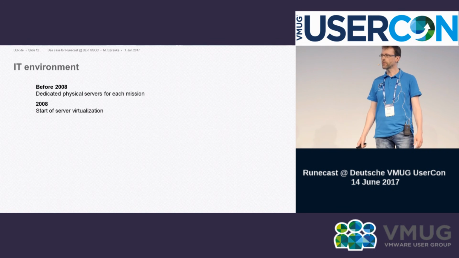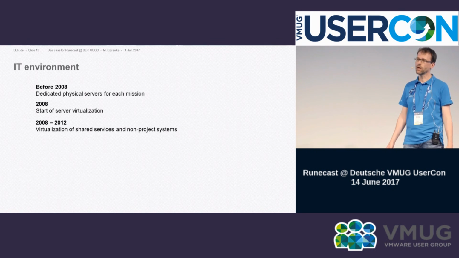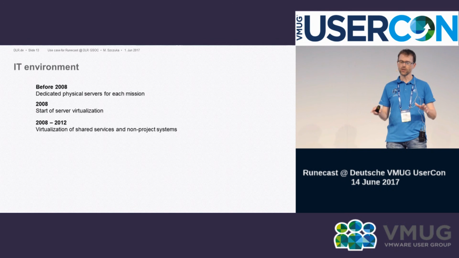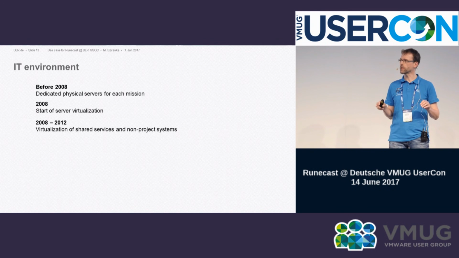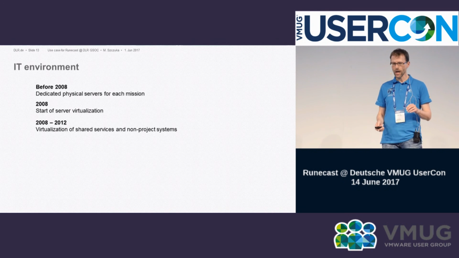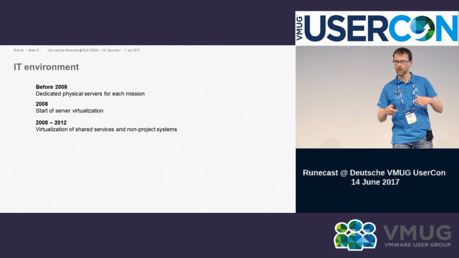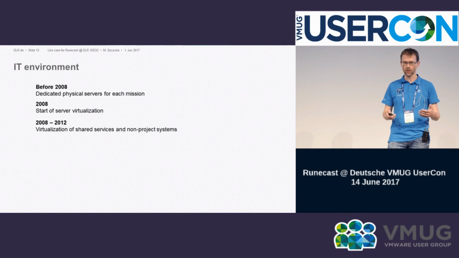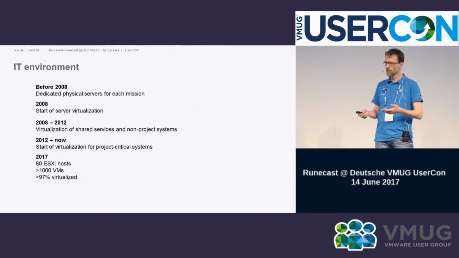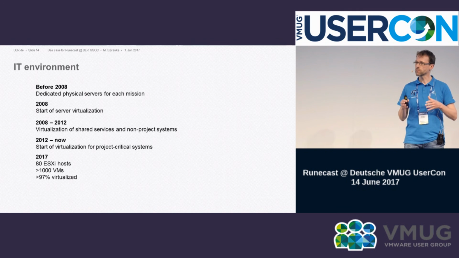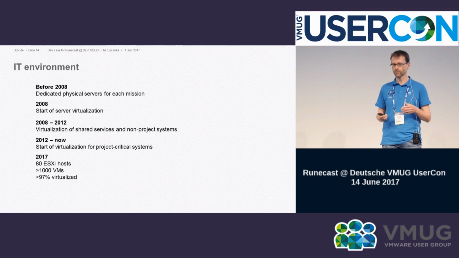And in the next 4 years, we virtualized the majority of the shared infrastructure systems and the non-project critical systems. After that time, we had enough knowledge built up to actually convince the projects to also virtualize those really important project critical, mission critical systems.